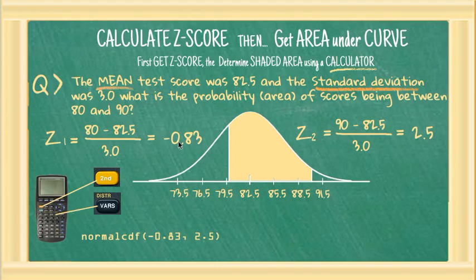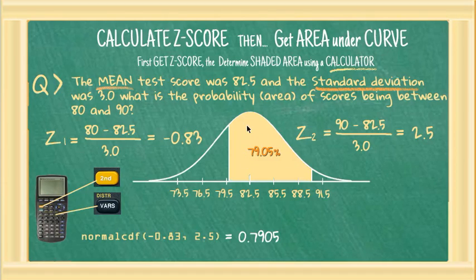So from negative 0.83 deviations over to positive 2.5. So I just type both of those in, and it gives me 0.7905 back, and that's what this area is up here, okay? So that was the question, the area between these two amounts.